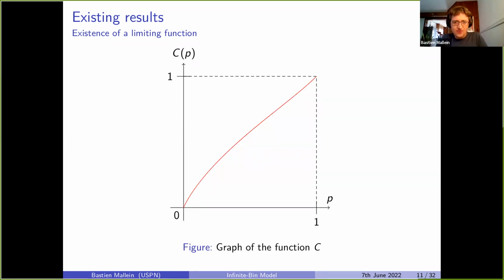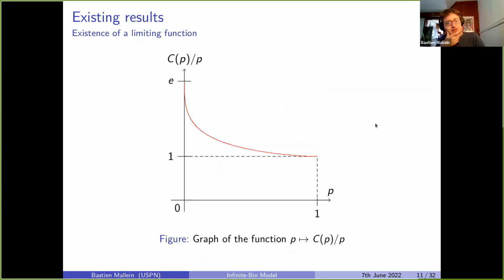So, here is the graph of this function c. You see that it's not exactly a concave function, right? It's debatable if this is a convex part of the curve, but it has some nice properties, and the function c of p over p is quite nice as well.